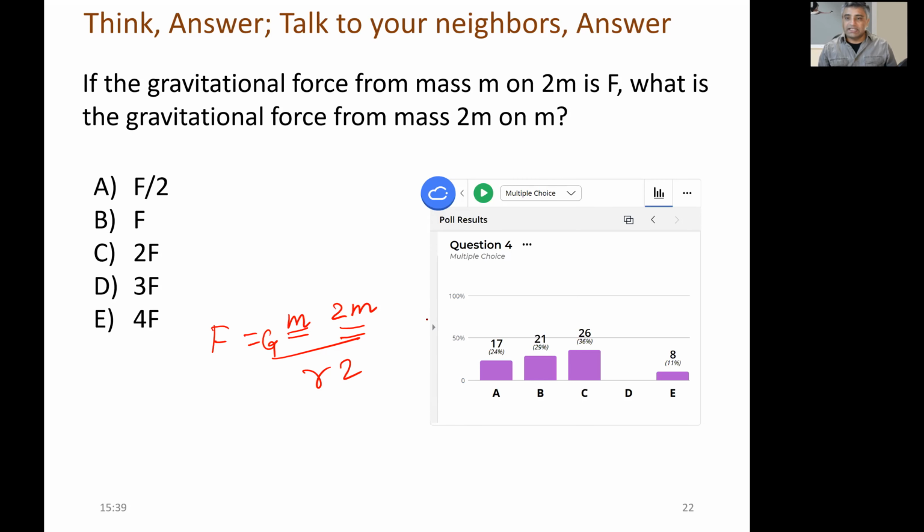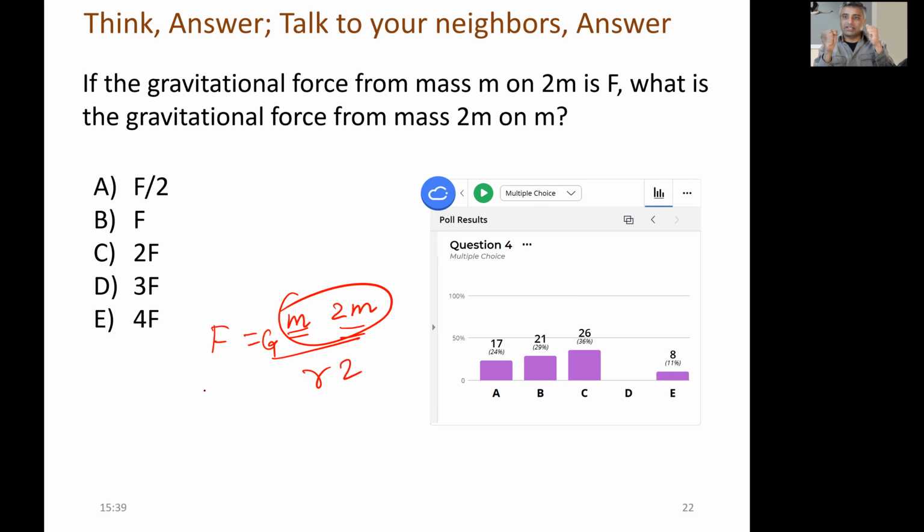This force is the force of attraction between these two masses. It comes from both masses. How much force is there? It depends on mass, yes. But how much force is between two masses, one versus the other?